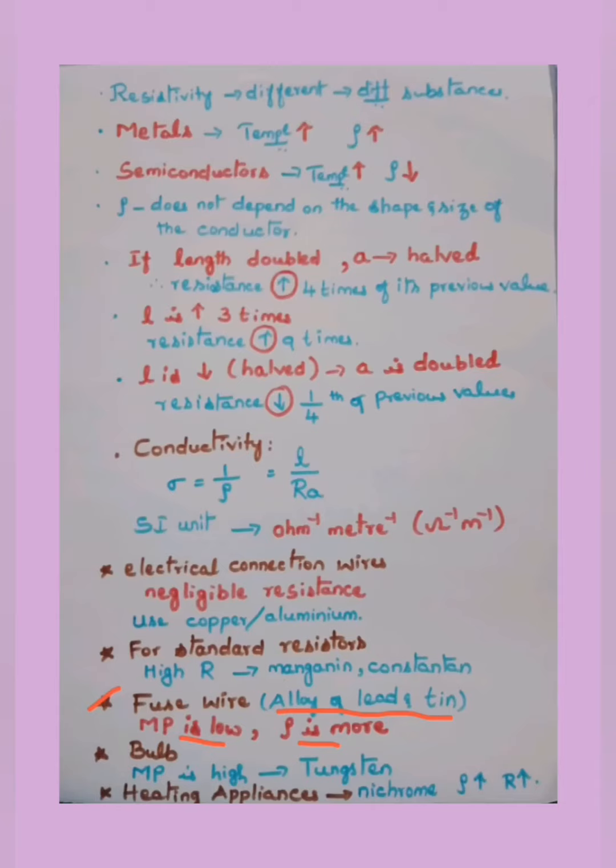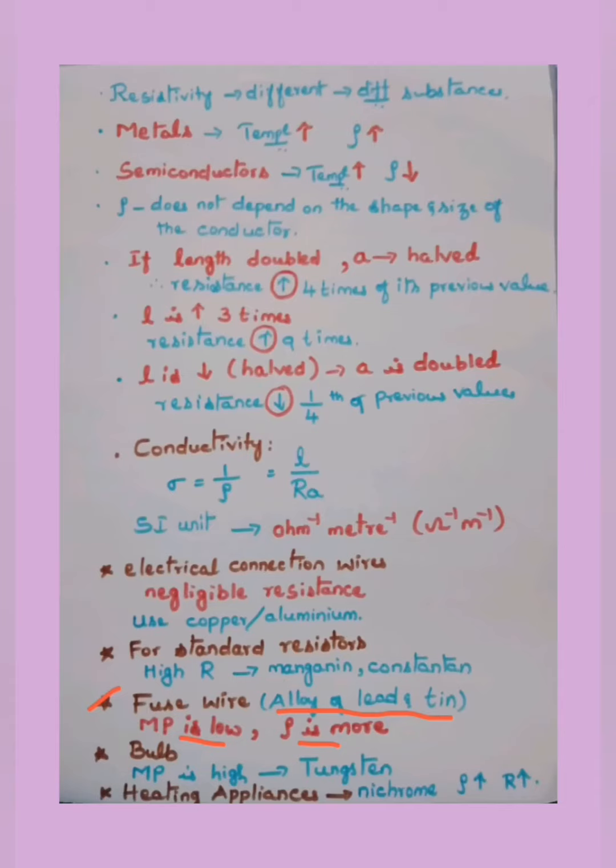It has a low melting point and specific resistance is more. In case of copper and aluminium, specific resistance is comparatively less, but in case of the alloy of lead and tin it is more.